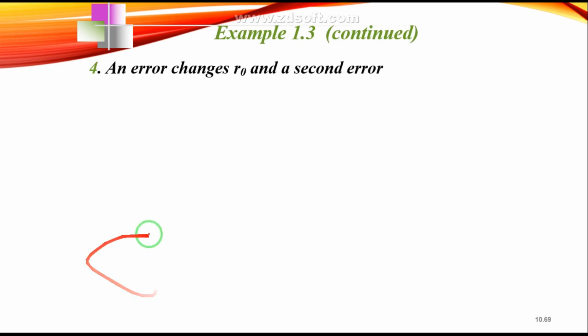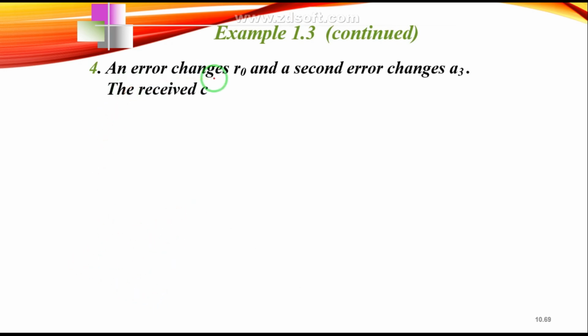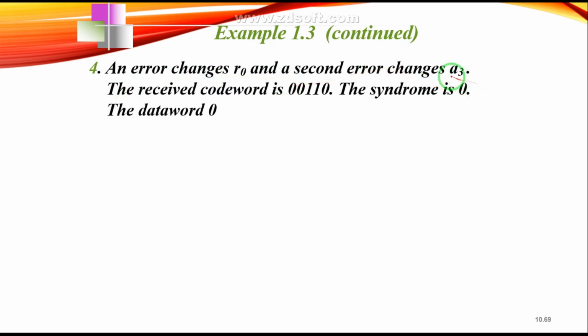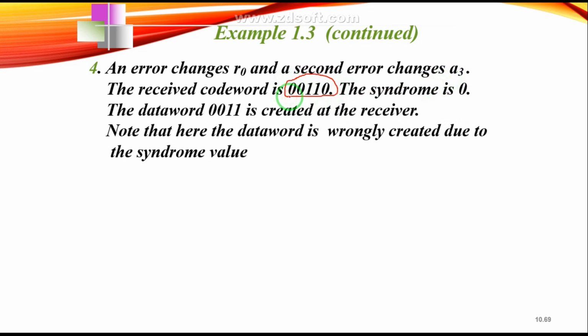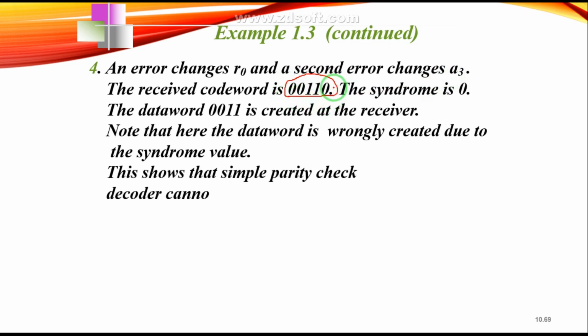Now the fourth scenario. An error changes R0 and a second error changes A3. Hence, the received code word is 00110. You can find the number of ones in this code word is even, and the syndrome is 0.